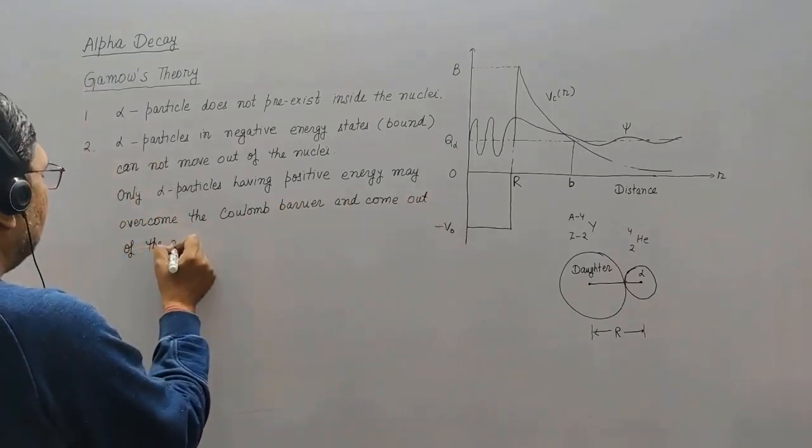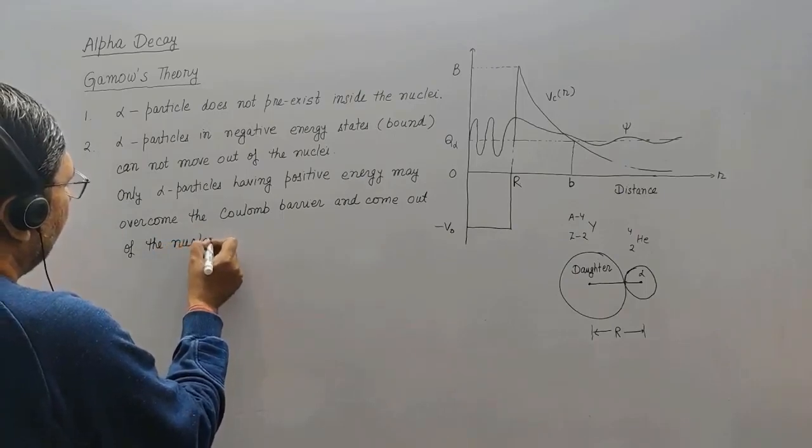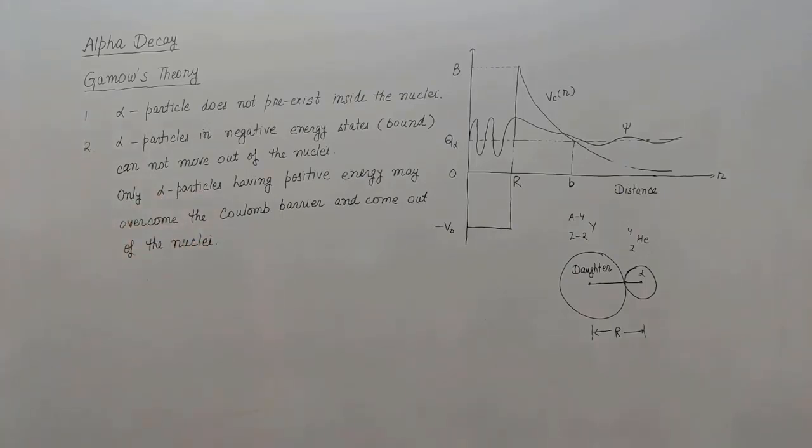These are the two postulates which were assumed by Gamow. His theory was based on these two assumptions.